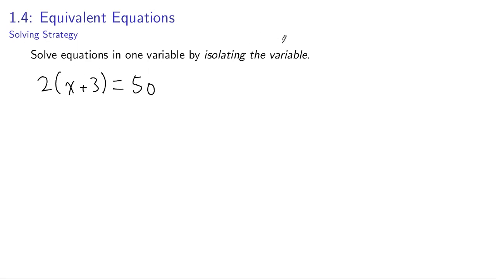So in general, we're going to be undoing the operations. You need to think about which operation would happen last and start there. Here we have x plus 3, which would happen first if we were evaluating, if we had a value for x. But we want to undo in order to get x isolated.